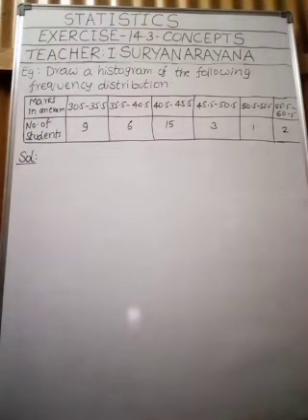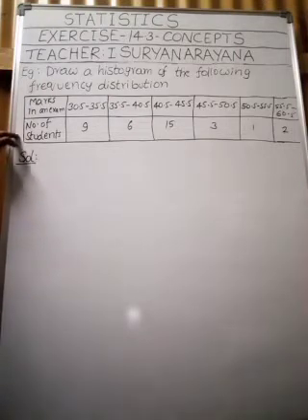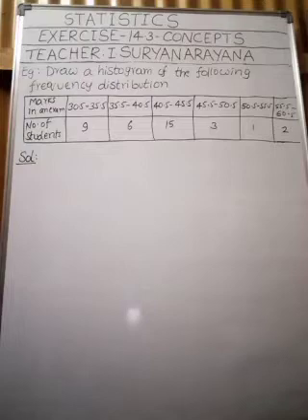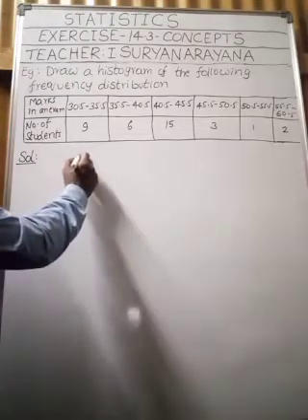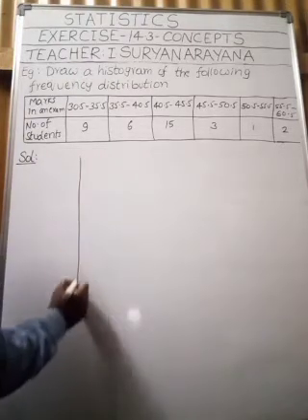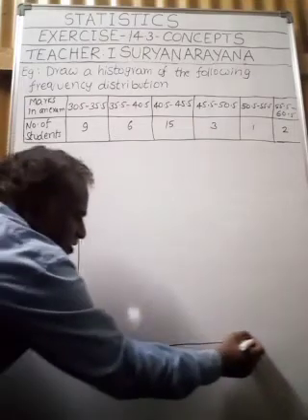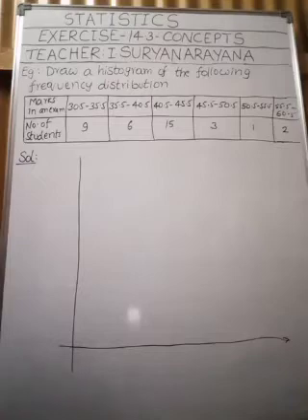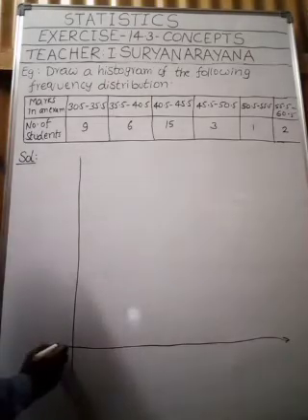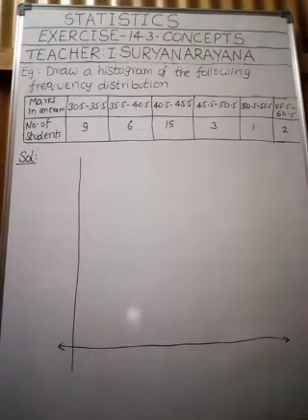So to draw the histogram of this grouped frequency distribution, you have to draw horizontal and vertical lines in the graph sheet only. Okay, my children, you should use a graph sheet only to draw histogram, to draw bar graph.